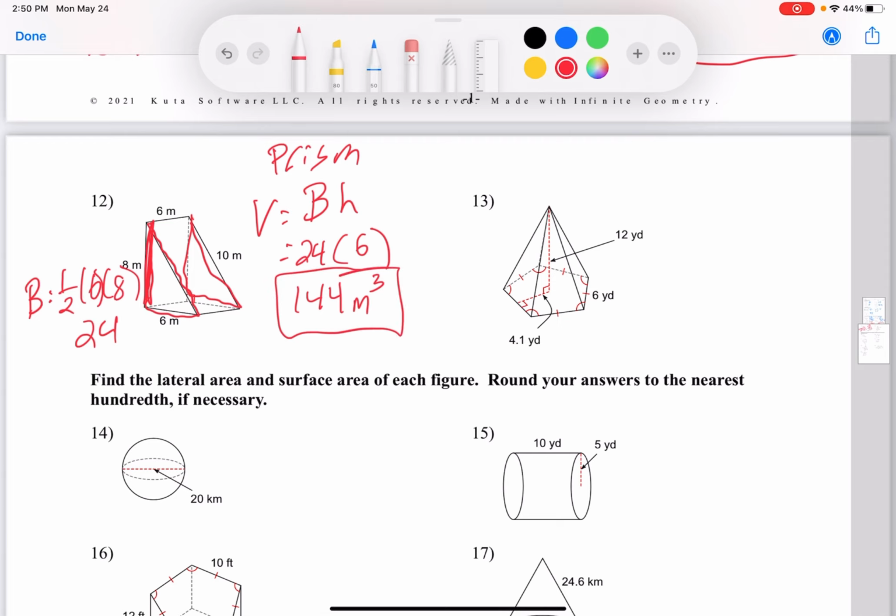Number 13, again, finding the volume. Now we've got a pyramid. The volume of a pyramid again is 1/3 B times H. Our base now is a pentagon, so we have to find the area of a pentagon. That's 1/2 of a, which is 4.1, times the perimeter. The perimeter of that is 30.